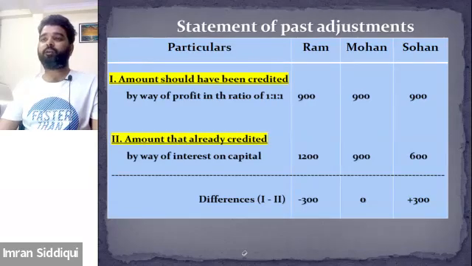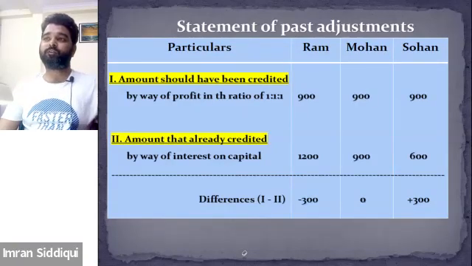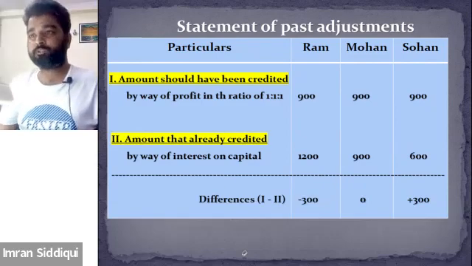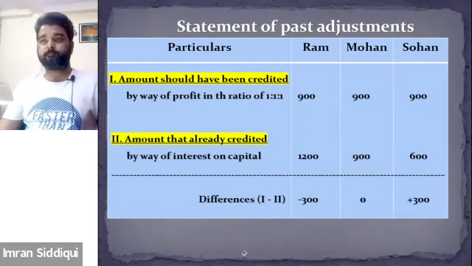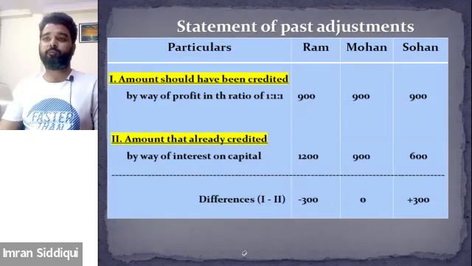Ram's capital account was 1,20,000. Mohan's capital account balance was 90,000. And Sohan's capital account was 60,000. So I've just calculated 1% of that amount, since there was a mistake of only 1%. Got it, everyone? Can I move to the next slide? Yes, sir.